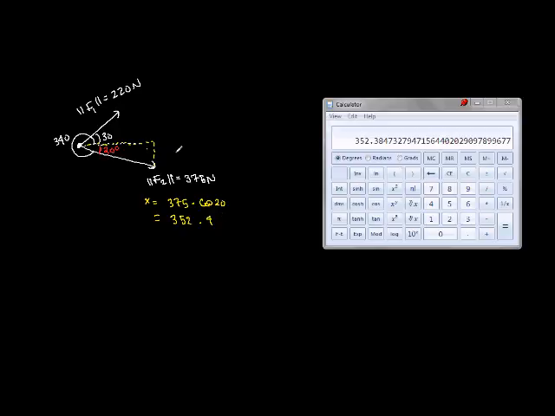So this is 352.4, and the y component is equal to 375 times sine of 20. And with our calculators, we do 375 times sine of 20 equals 128. But this 128 is in the negative direction, so negative 128.25.